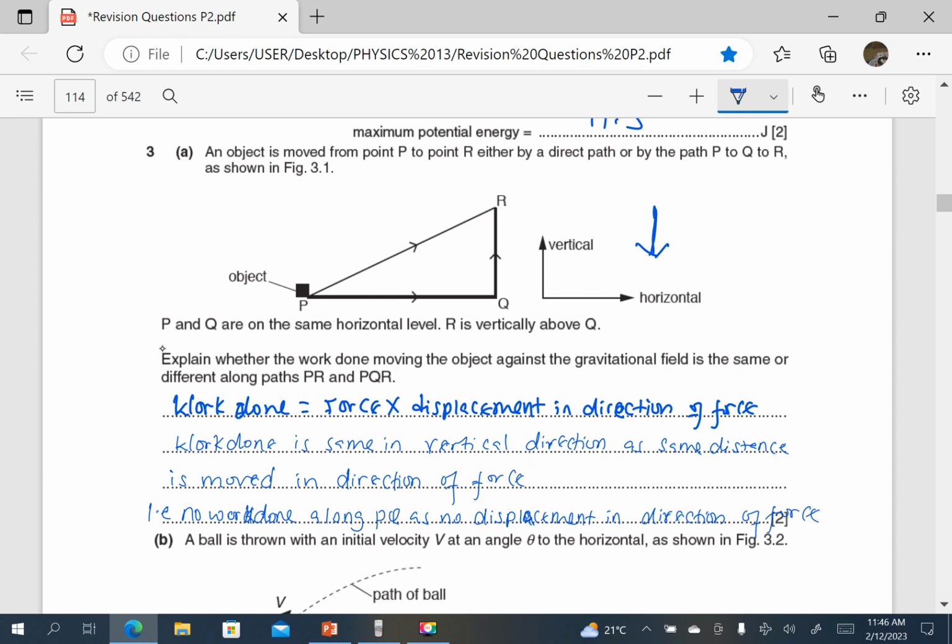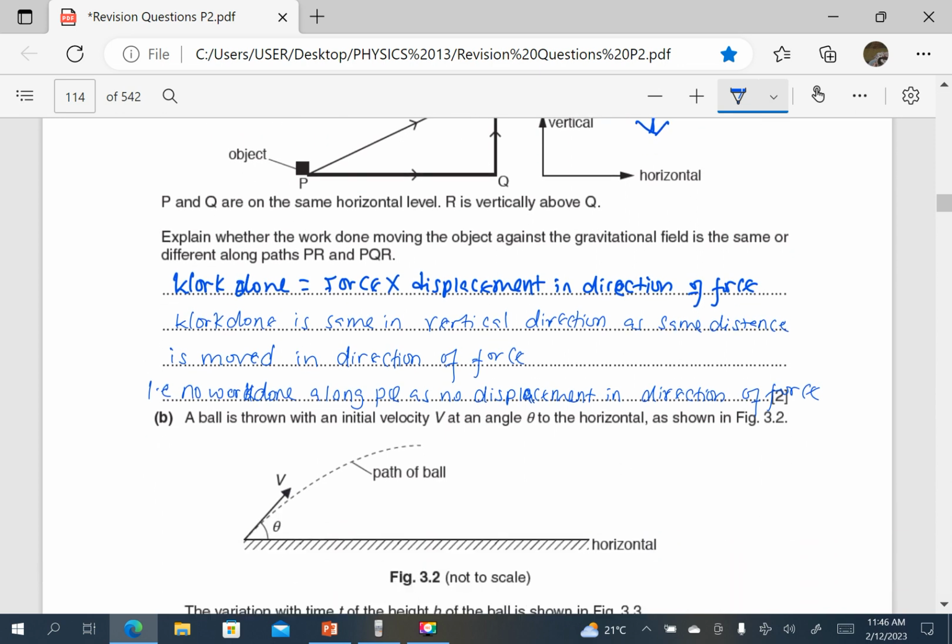When you move along PQ, you are not doing any work against gravity, so there is no work done along PQ. So the only work done is when you move against gravity.